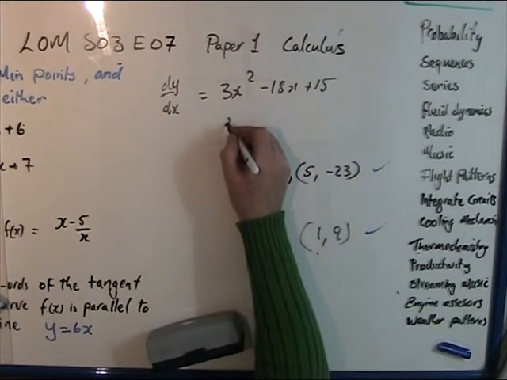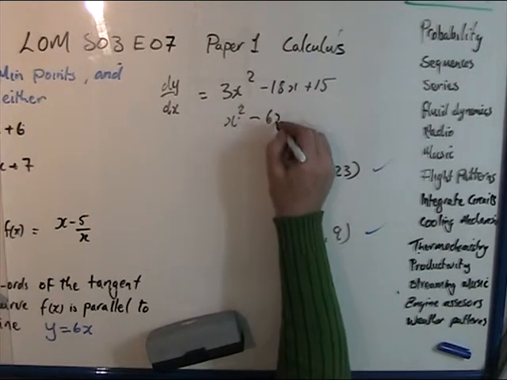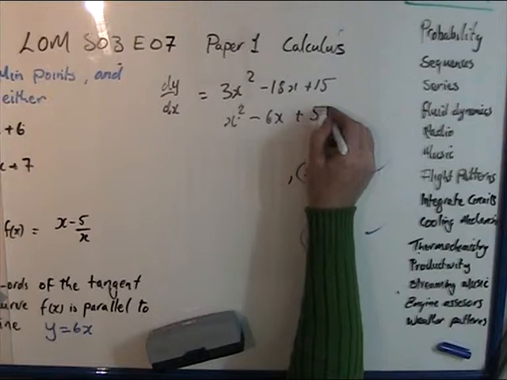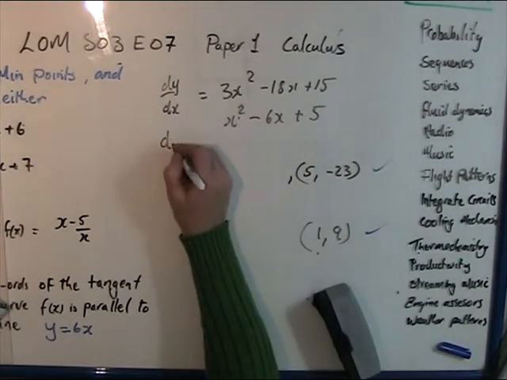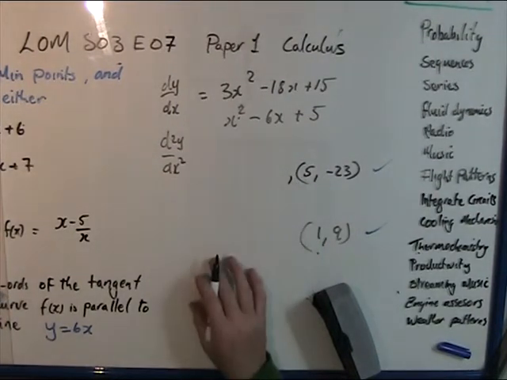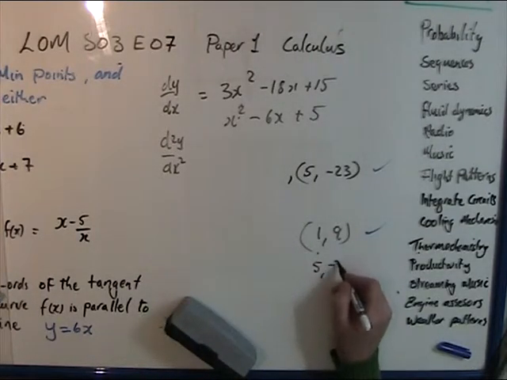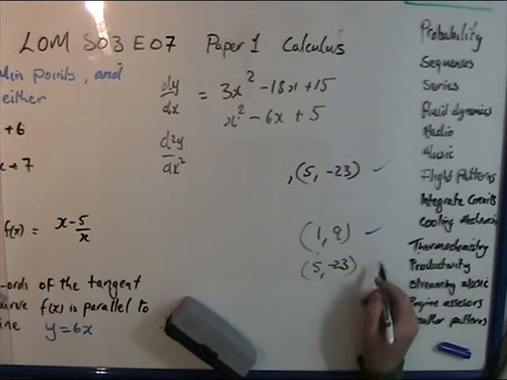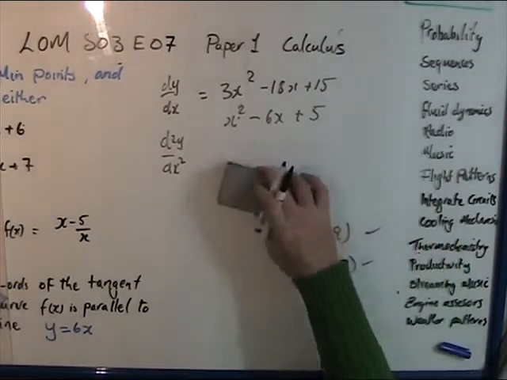Now I can reduce it by dividing across by 3: x squared minus 6x plus 5. To find which point is which, I need to derive the equation again. In other words, the derivative of the derivative.